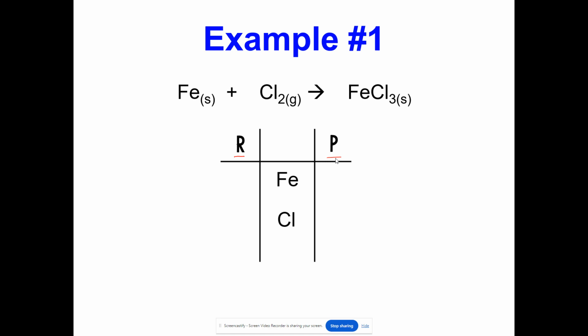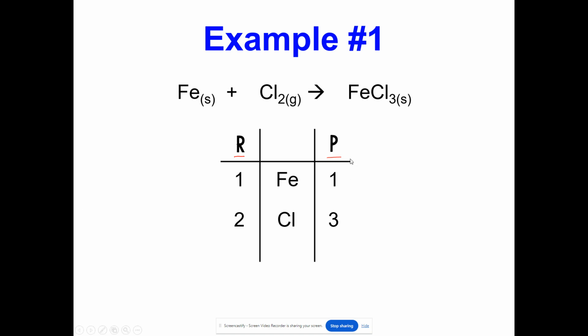We'll write the atoms, the elements, down the middle. We're only dealing with iron and chlorine in this one. Then we tally them up. So how many do we have in our reactants? We've got 1 iron in reactants, 1 iron in the products. Chlorine, we've got 2 in reactants, 3 in the products. So we've got to fix this. Irons are good, so it's the chlorine we've got to figure out.